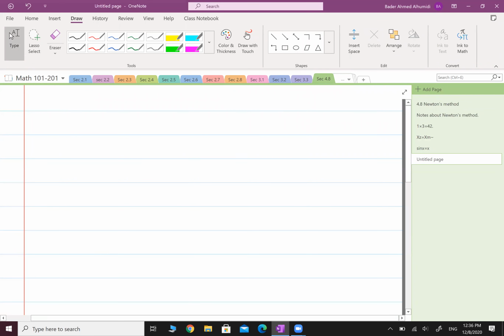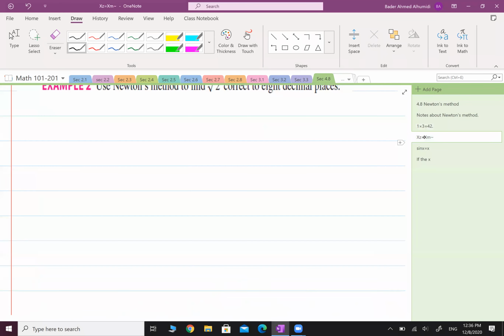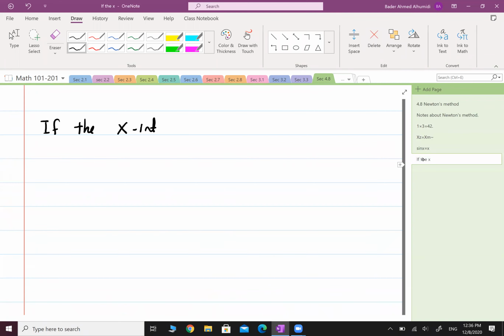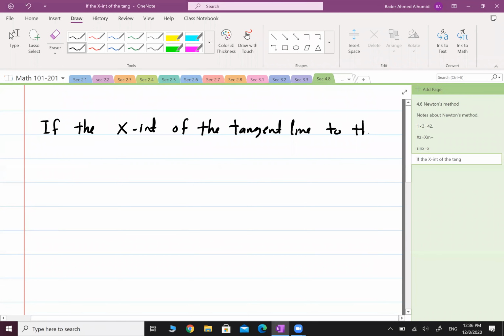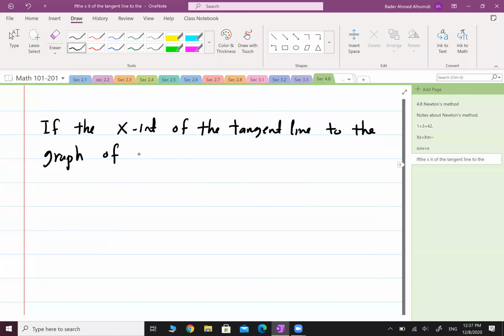For example, if the x-intercept of the tangent line to the graph of this function, what did we say it is? x squared plus radical x minus 1.